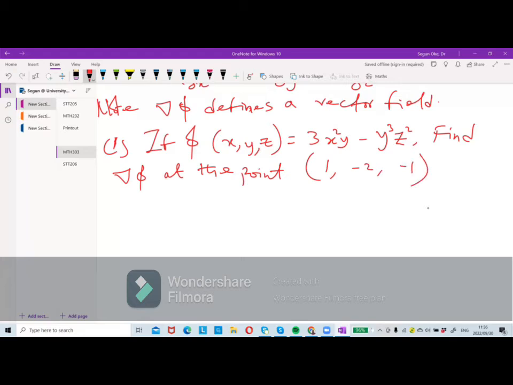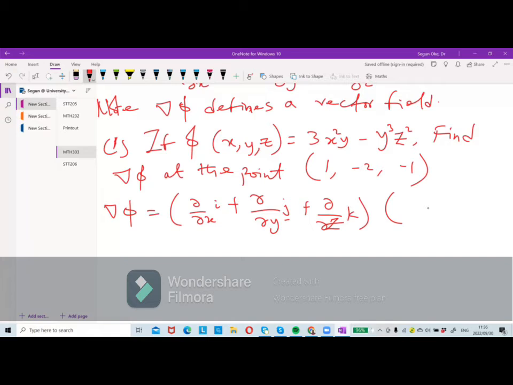So now this one is like this: write the formula, the del operator. If you are writing an exam, please don't forget this. Don't just jump into it because you know it, you have to follow it like this. Remember, you are not doing objective.